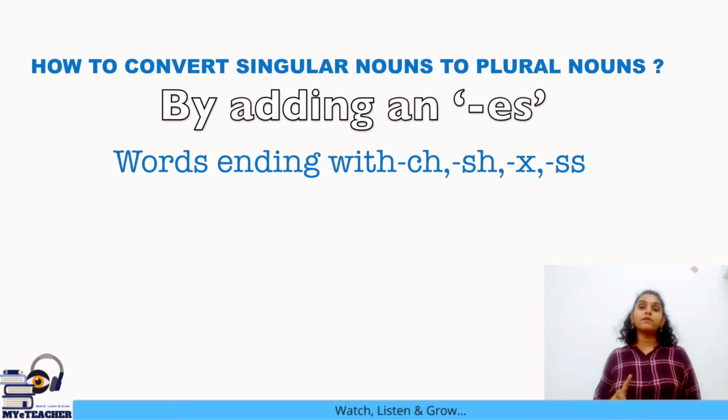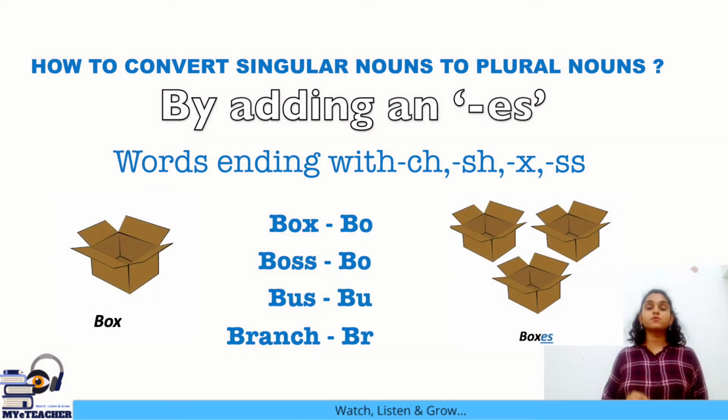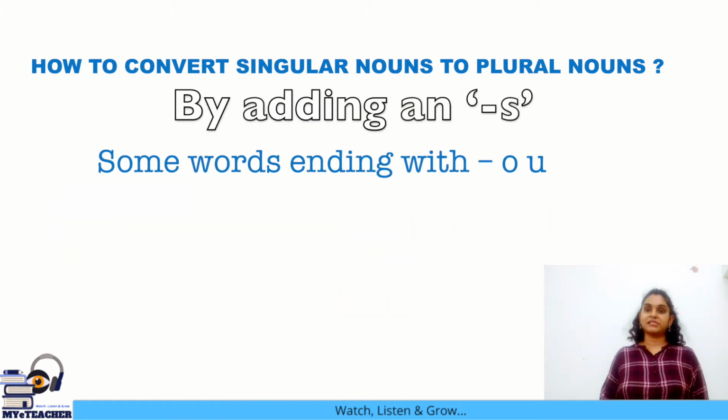Words which end with the letters O, S, SS, X, CH and SH take an ES at the end of the singular to form the plural. For example, box becomes boxes, tomato becomes tomatoes, boss becomes bosses, branch becomes branches. These are plurals formed by adding ES.